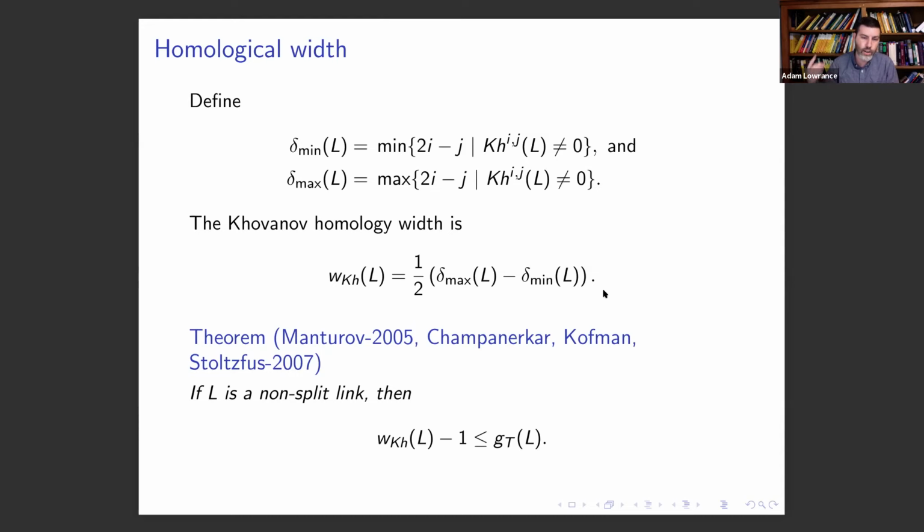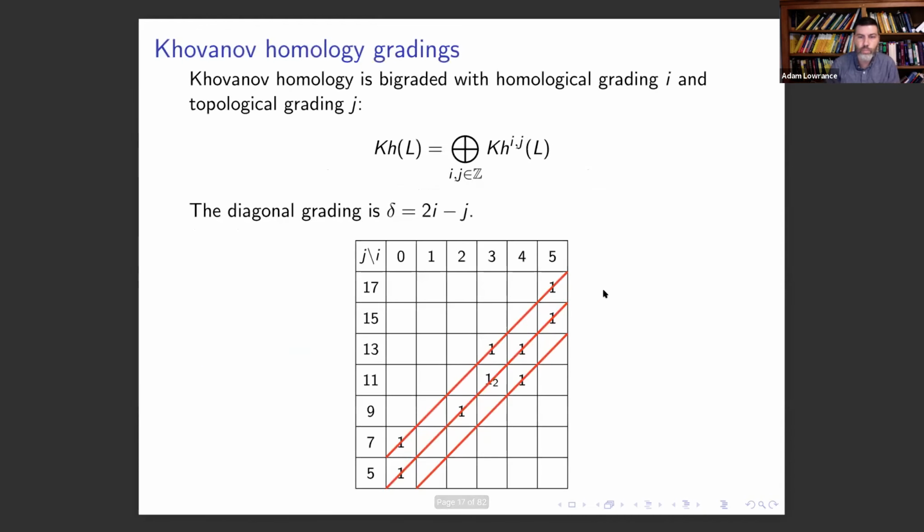And so it turns out that the spanning tree complex, if I could go back maybe a page or two, is oftentimes very, very close in its homological width to the actual Khovanov homology, especially for knots with small crossing number.